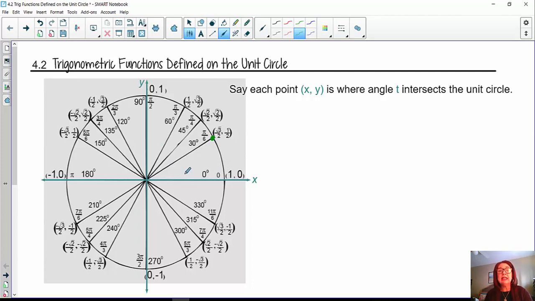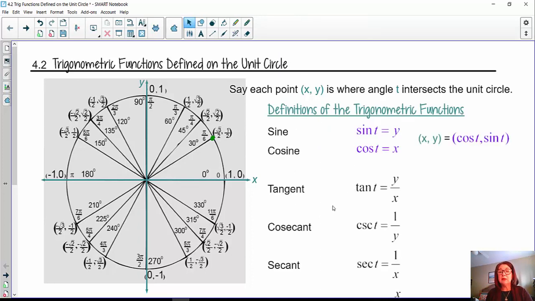Remember, there's infinitely many angles, but there's certain ones that we are more interested in and use more often. Let's say that each one of these points, x, y, is where the angle intersects the unit circle. There are some very special pieces of information associated with that, and they are the definitions of the trigonometric functions.